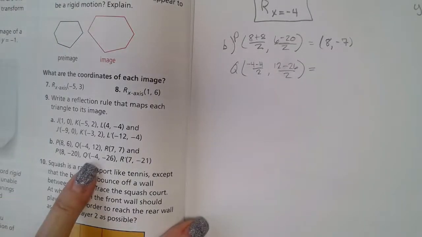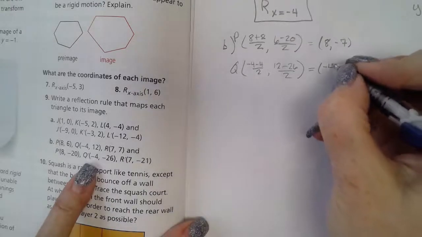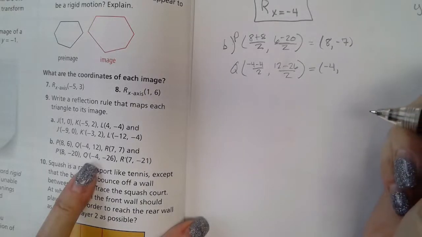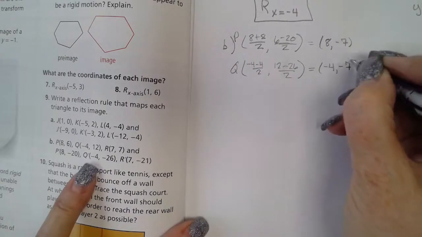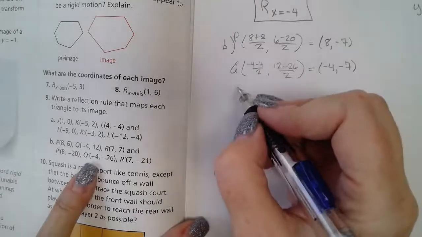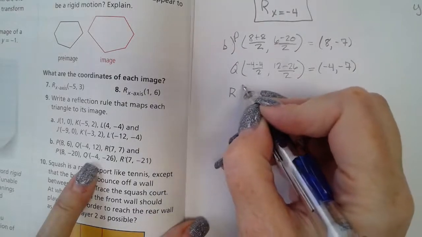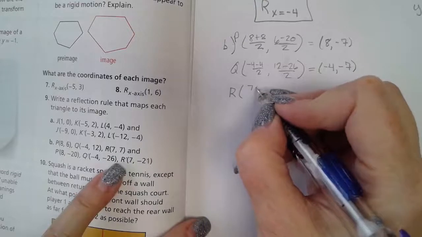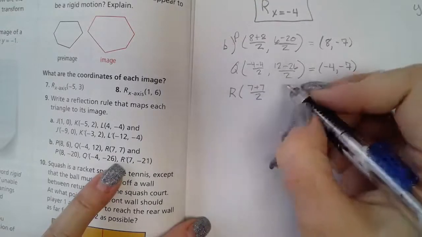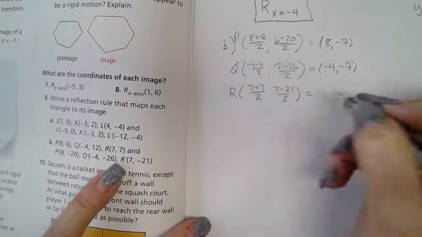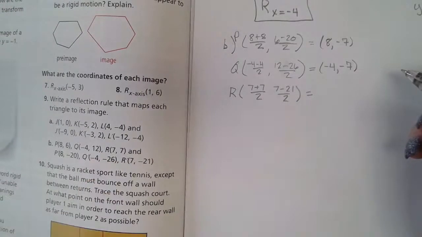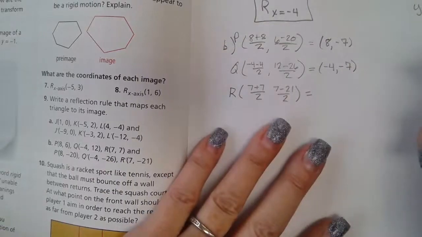Negative 4, and negative 7 again. So for R, we have 7 plus 7 over 2, and 7 minus 21 over 2. So I get 7, and guess what again?